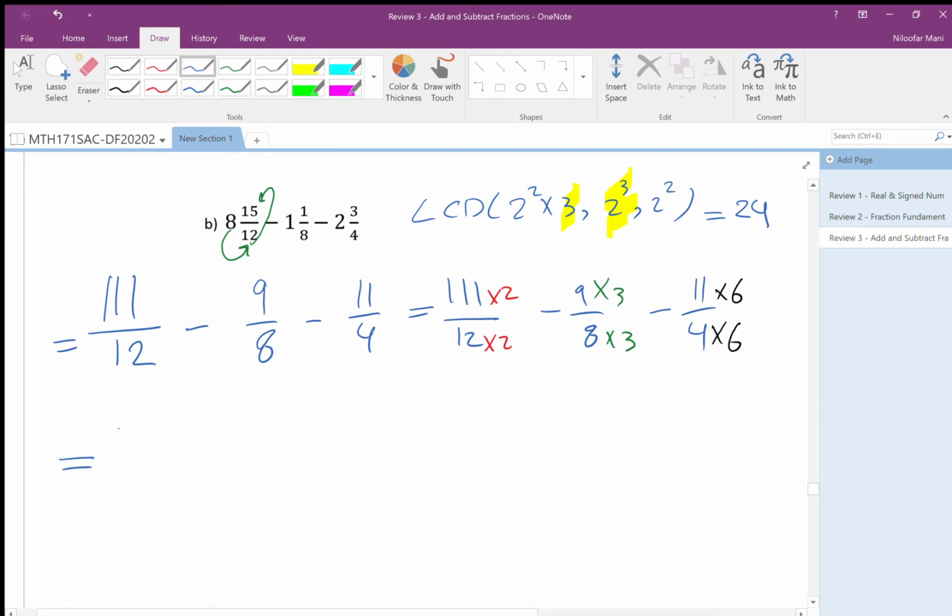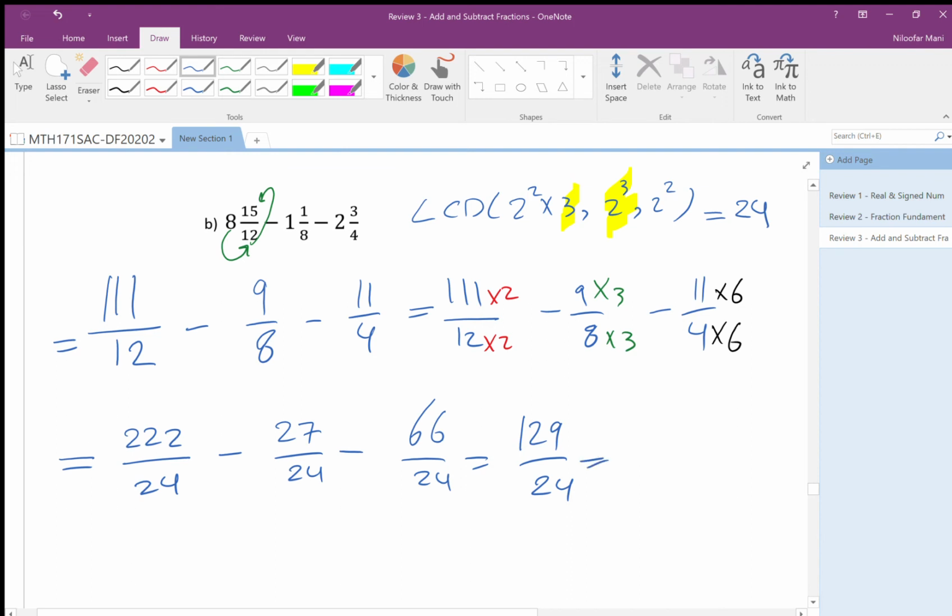So which is 222 divided by 24 minus 27 divided by 24 minus 66 divided by 24, which is 129 divided by 24.